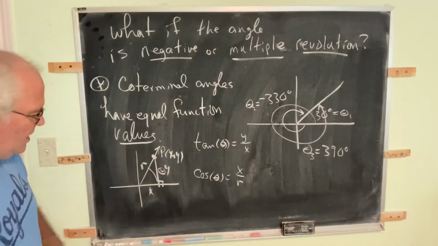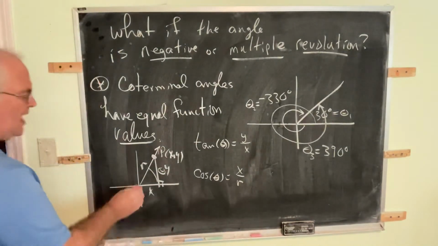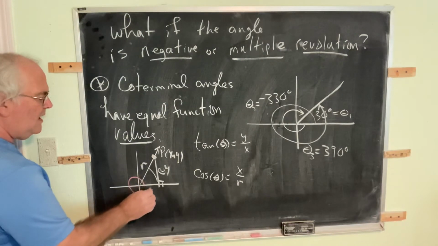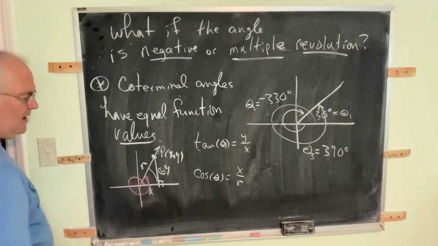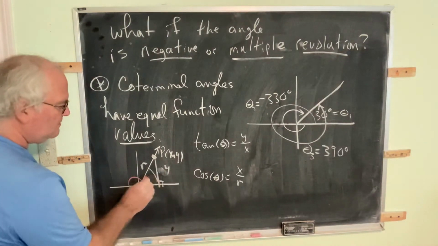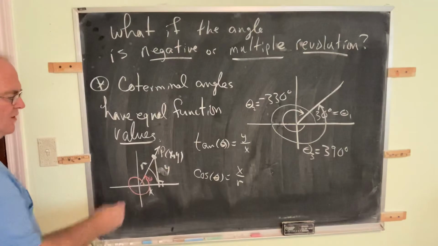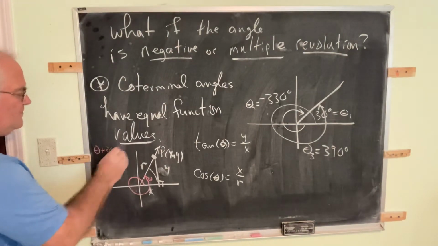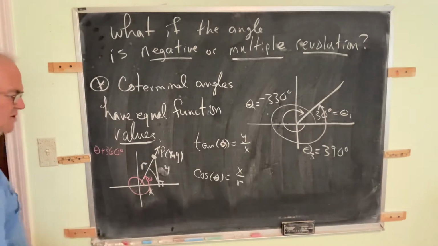But look, suppose I go one complete revolution and then theta degrees. So my theta is in here. So this is now theta plus 360. So the question is, what now?